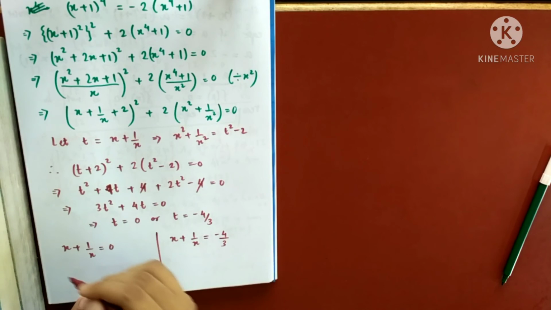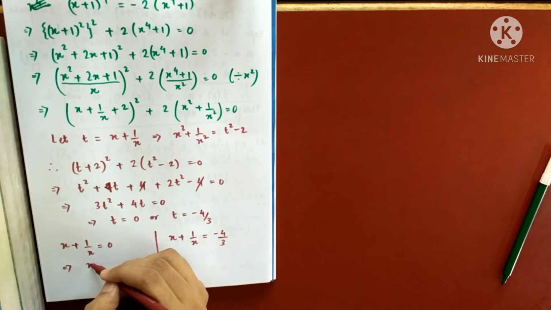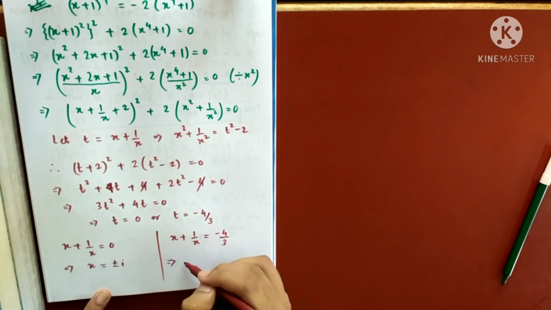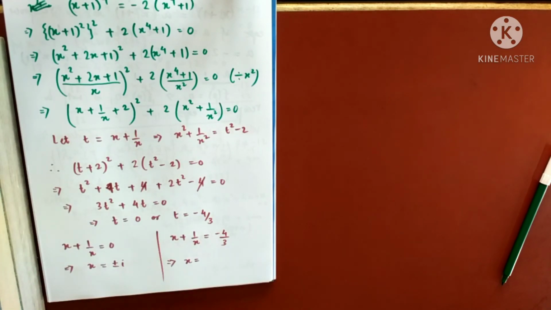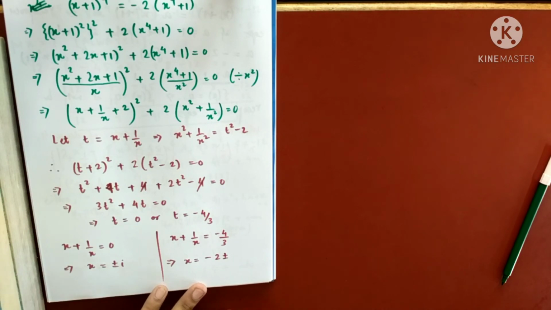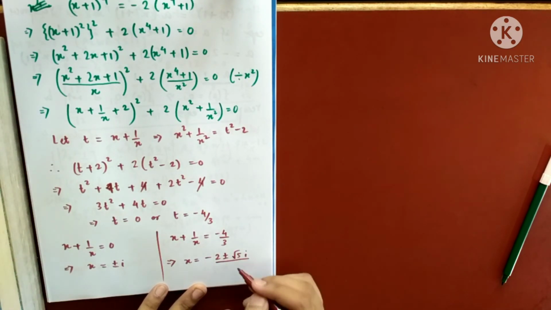Please solve it. From here up, you will get a quadratic equation which I solved a few minutes back. You will get x equals to plus minus i, and here if you solve it, you will get x equals to (minus 2 plus minus root 5 i) by 3.